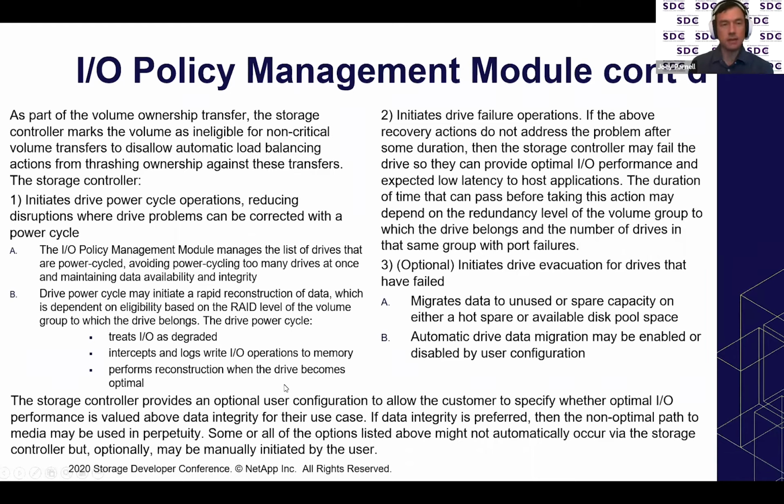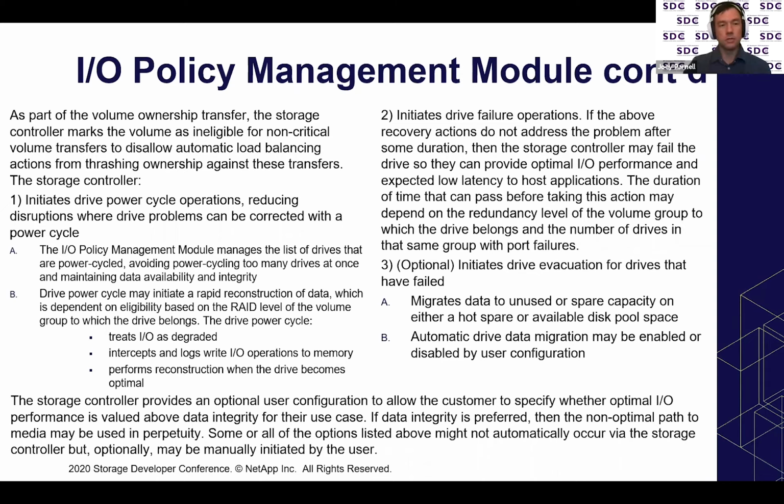If that doesn't work, we power cycle the drive. What this is trying to do is kick the drive back into becoming optimal, and that happens way more often than you might expect. That actually fixes or addresses the issue.